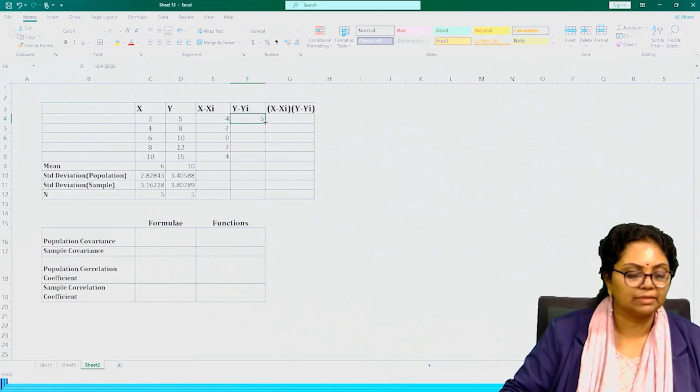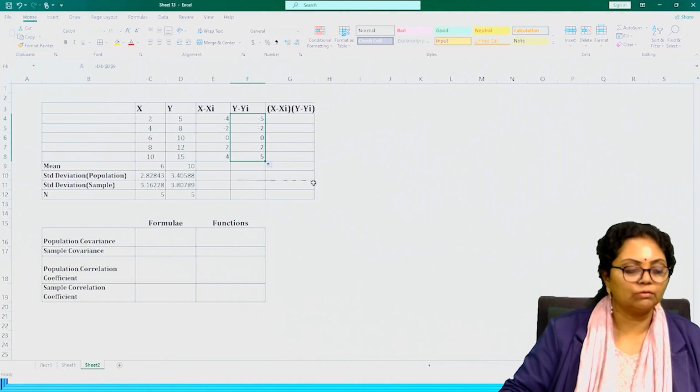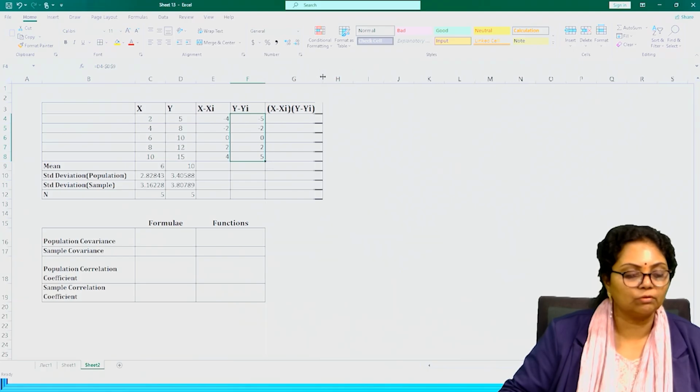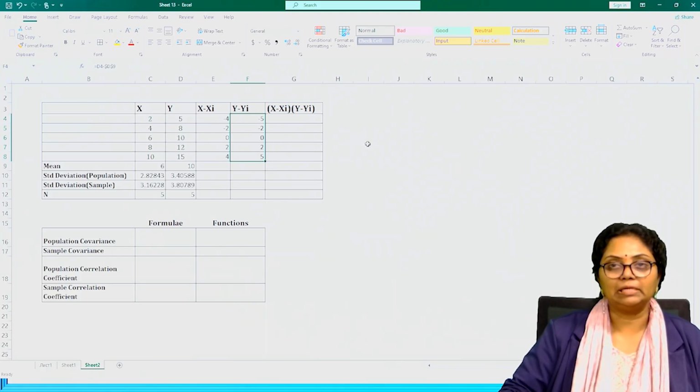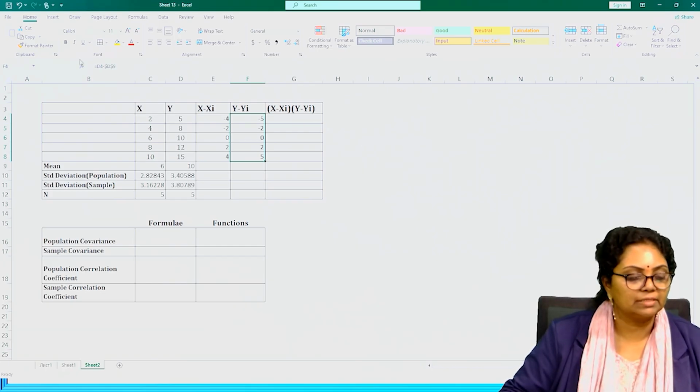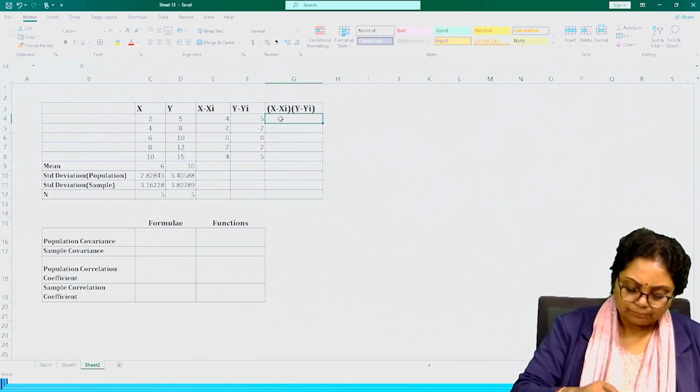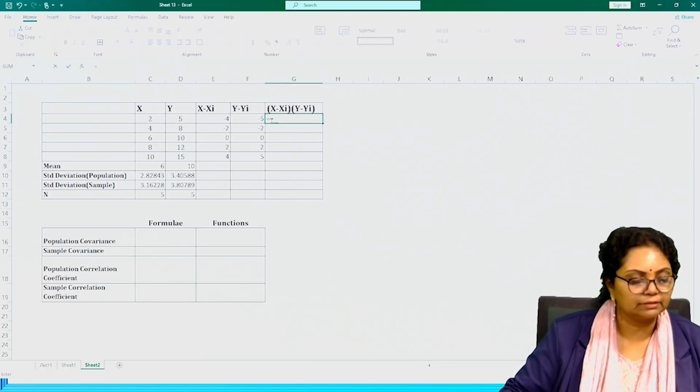Now keep the cursor here on the plus symbol, simply drag it. So we got the value Y minus y bar. Now here in the fifth column, we are having the multiplication of the third column and the fourth column, so x minus x bar into y minus y bar. Now simply put the cursor here, press the equal to sign.